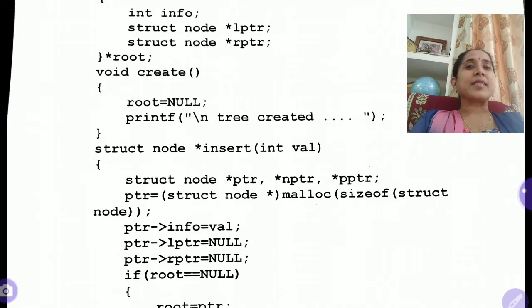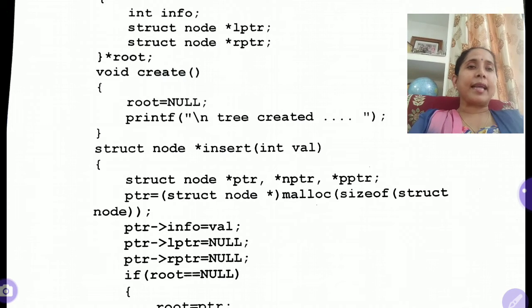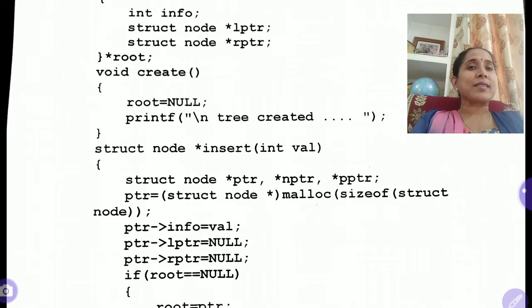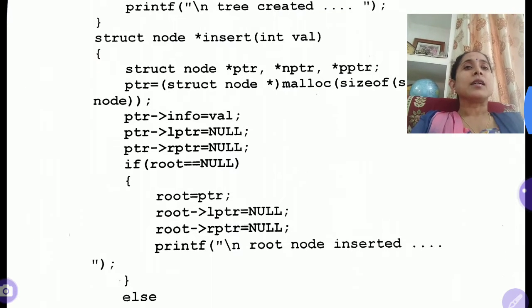Or in a stack, we studied if top is equal to null, that means the stack is empty. Similarly, in trees, if root is equal to null, that means the tree is empty. There are no more nodes in the tree. So initially when we start the creation of a tree, we start with root equal to null, saying that the tree is created.